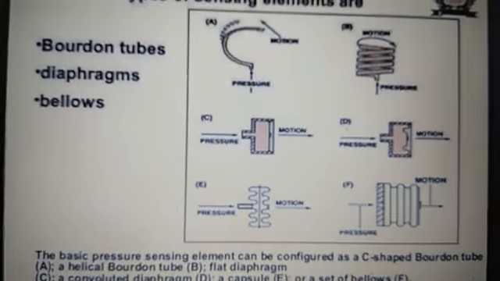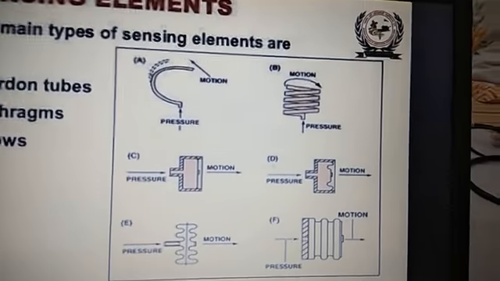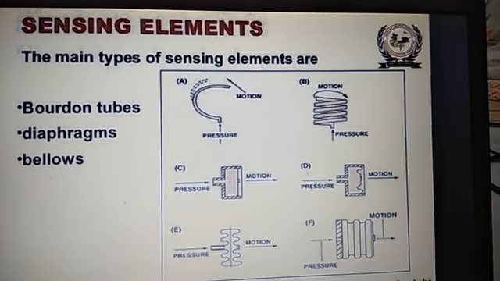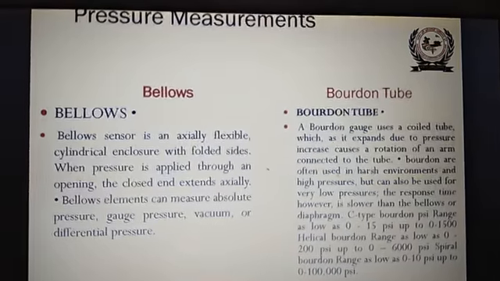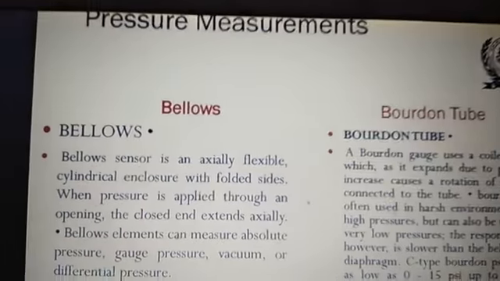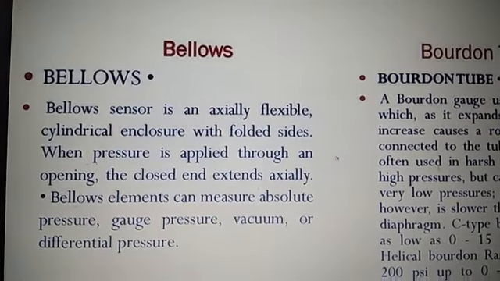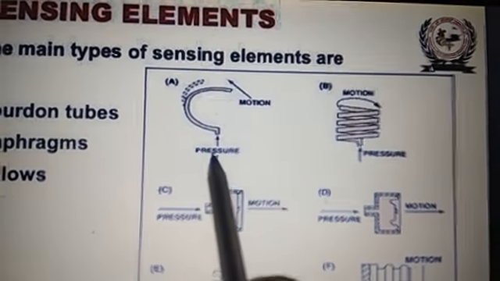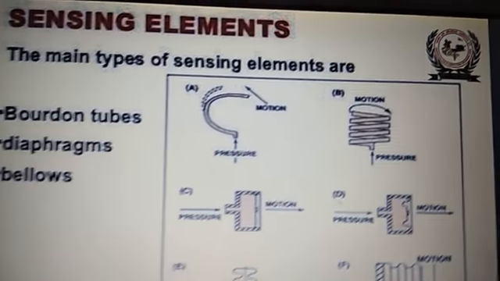So these are the basic sensing elements for measurement of pressure. These are called the sensors for the measurement of pressure. What are bellows? We have seen here the C-type bellow and the helical bellow.